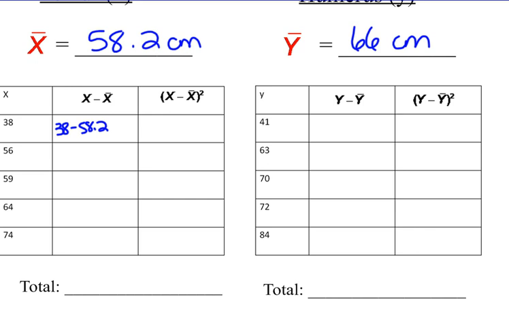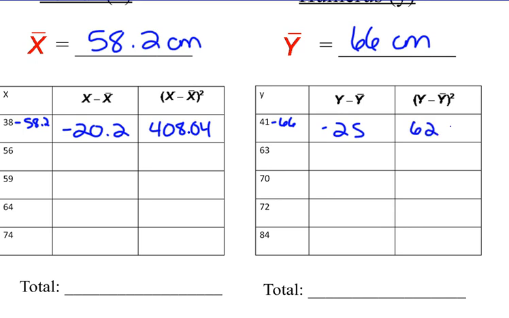For this one, when I take 38 minus 58.2, let me rewrite this over here a little bit so I have more room. I take that value minus 58.2, I got negative 20.2, and when I square that, I get 408.04. Remember, we round to hundredths. So take a couple minutes and do your x and y chart, and fill all those in, and then we'll see where we're at, okay?